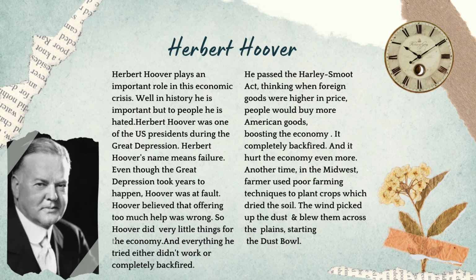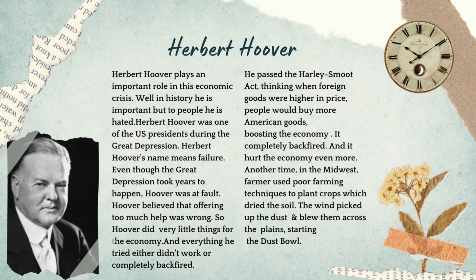He passed the Smoot-Hawley Act, thinking when foreign goods were higher in price, people would buy more American goods, boosting the economy. It completely backfired, and it hurt the economy even more. Another time in the Midwest, farmers used poor farming techniques to plant crops which dried the soil.